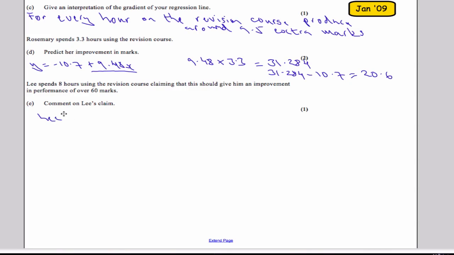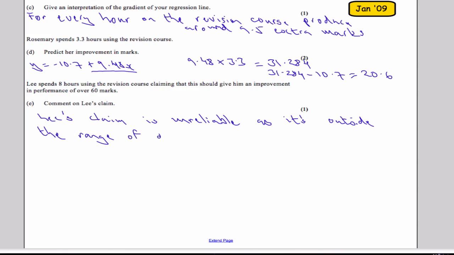I'm going to say that Lee's claim is unreliable as it's outside the range of data collected.